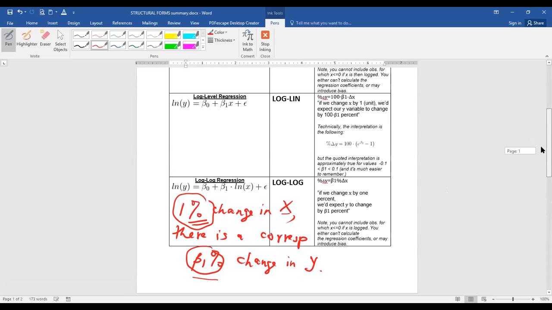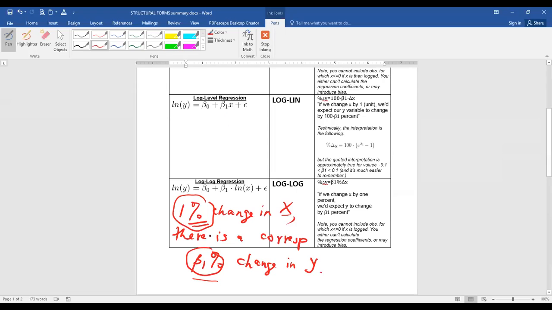Kung ano lang yung beta 1 mismo, lalagyan mo lang ng percent. Kunyari, ang beta 1 mo, let's say 0.25. How do you interpret that? 0.25%. Lalagyan mo lang ng percent. Wag kang magmultiply ng 100. Okay, guys?